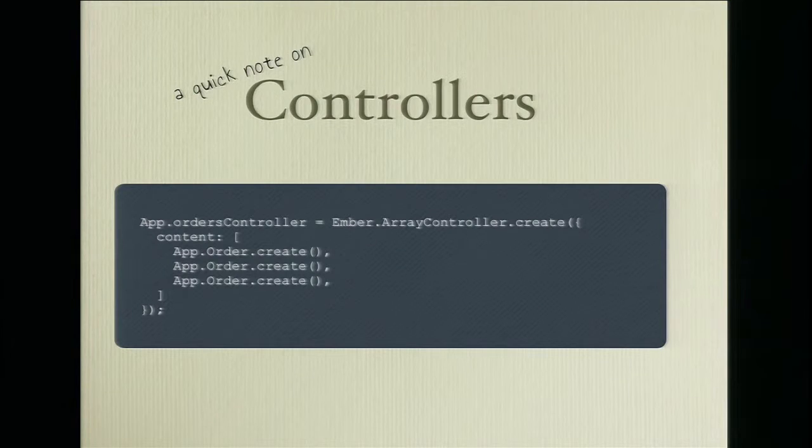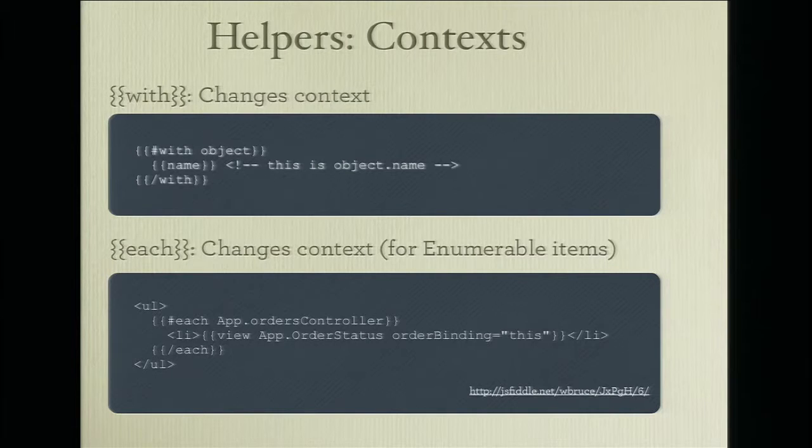If you give it a content property, it will act as an enumerable. So you can use, for instance, in this next example down below, I can say each app.orders controller there. And it will know what to do with that.